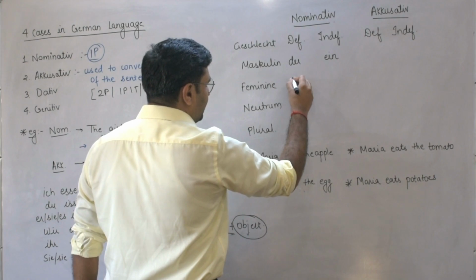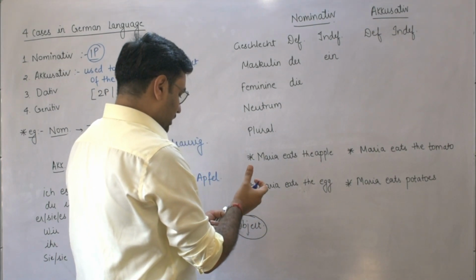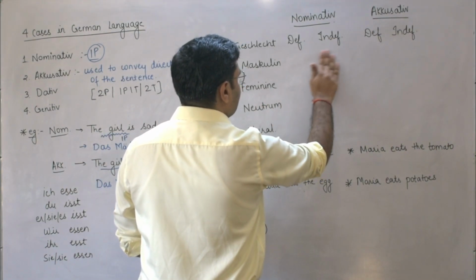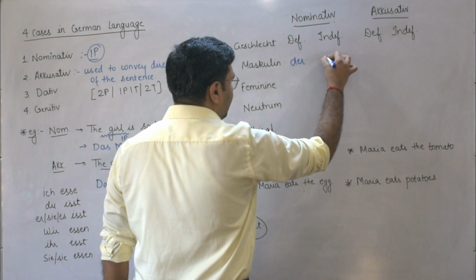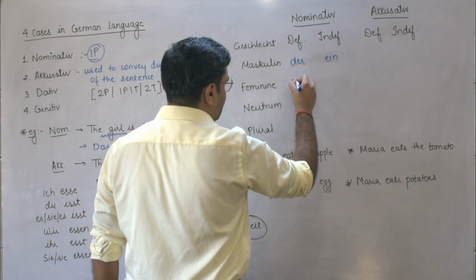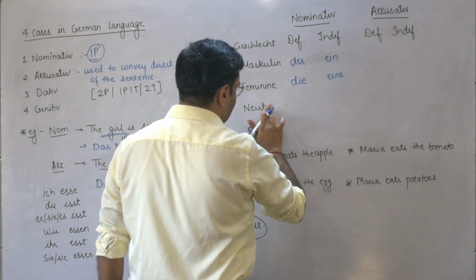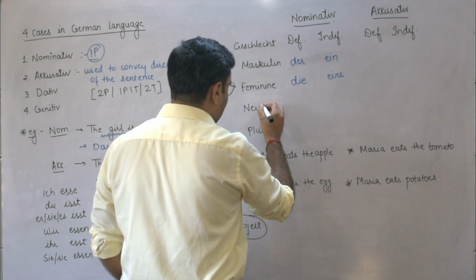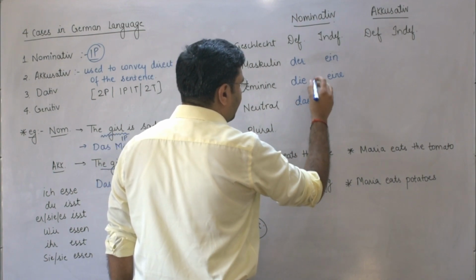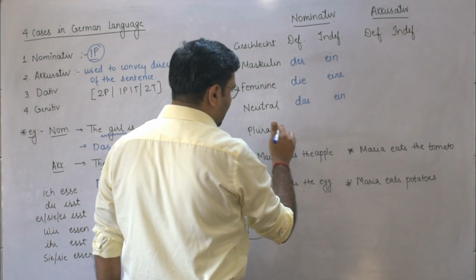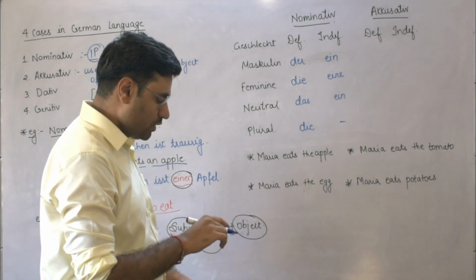For feminine it is die, indefinite eine. For neuter it is das, and indefinite ein. For plural it is die, and for plural indefinite we have no article.